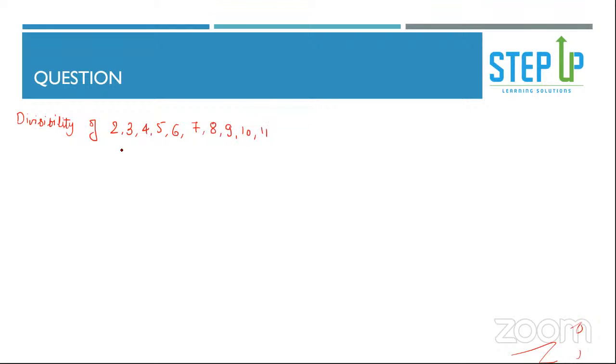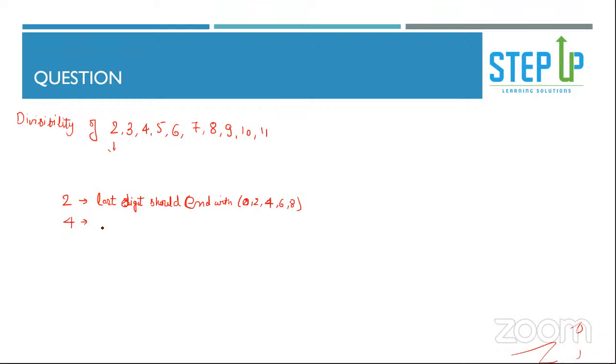So a quick recap. The divisibility rule of 2 is that the last digit should be even, that is, it should end with 0, 2, 4, 6, or 8.